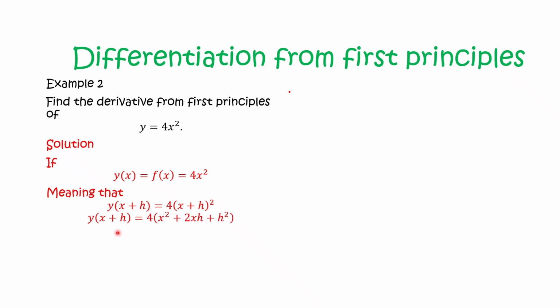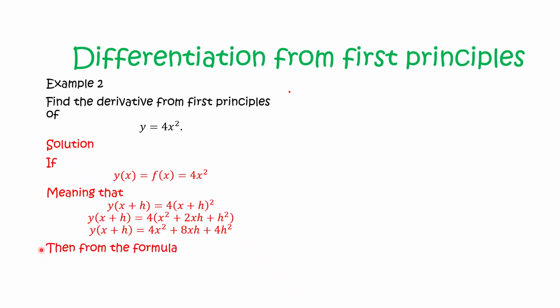Now, we can simplify this further by expanding the bracket so that we have 4 times x squared plus 2xh plus h squared. And of course, expanding the bracket to introduce the 4 inside, we are going to have 4x squared plus 8xh plus 4h squared.